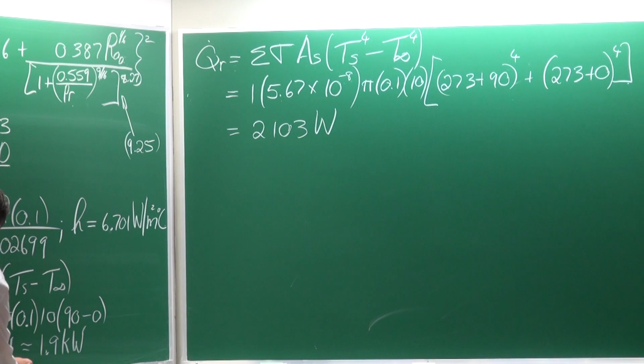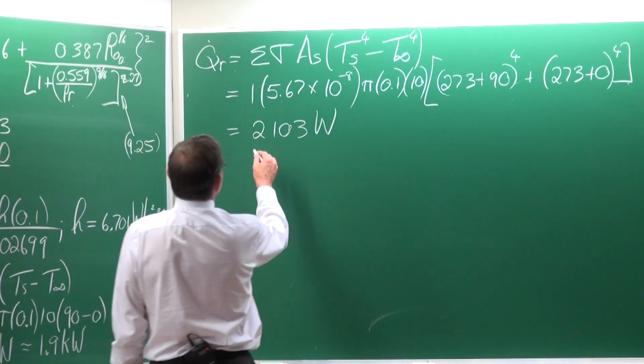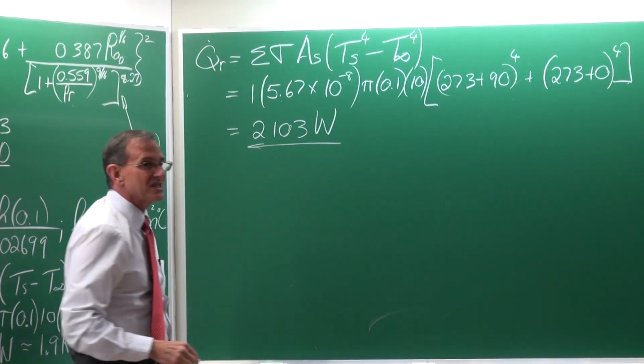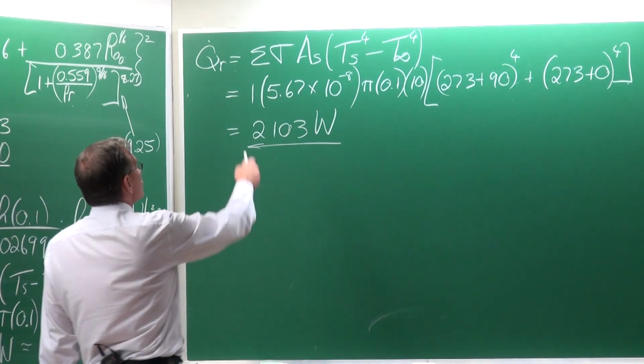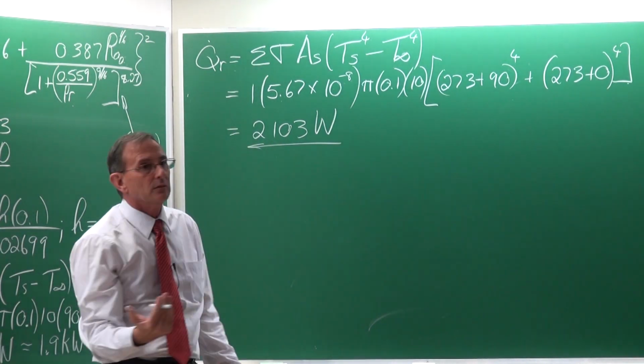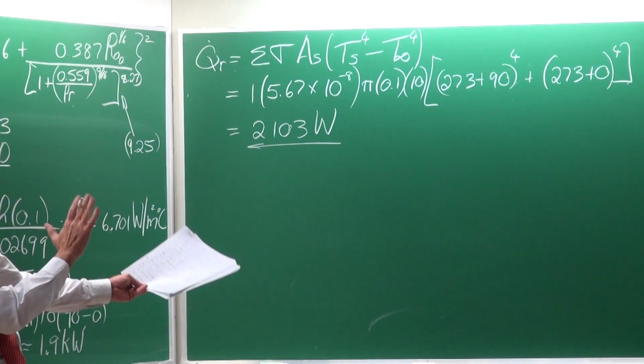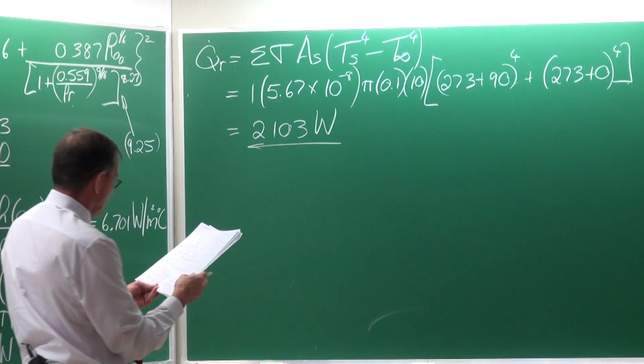So if we compare it to the convection heat transfer, the radiation heat transfer is about the same order of magnitude. The emissivity, of course, would not be equal to 1. It would be a little bit smaller than 1.